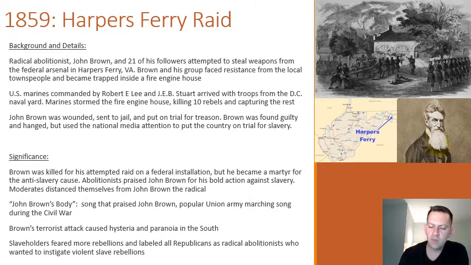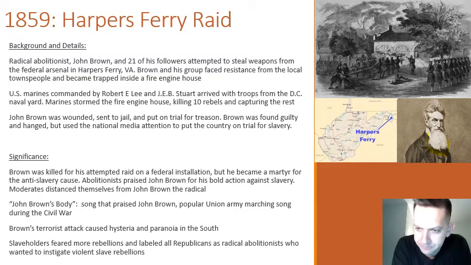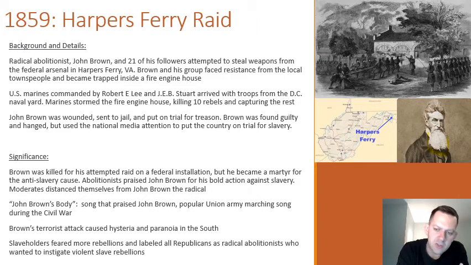Brown could give the weapons to the slaves, and together the slaves and John Brown's crew of 21 men could start a slave rebellion that would spread all over America. Then when all was said and done, Brown, his men, and the slaves could start their own country in the mountains where everybody was equal. Sounds like a great plan, doesn't it?